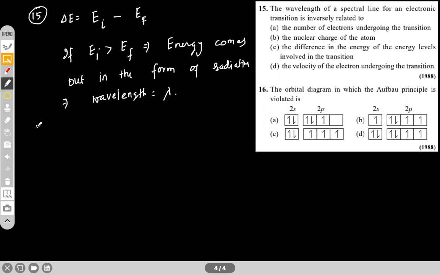So delta E is the energy that comes out, that has wavelength lambda. So delta E is equal to hc by lambda, and we have here EI minus EF.